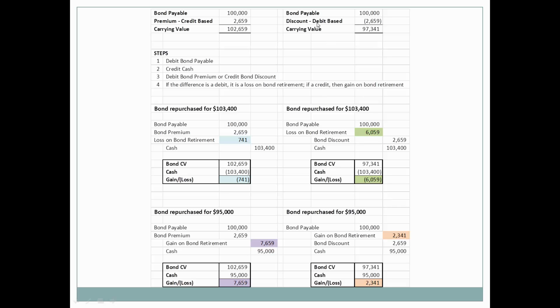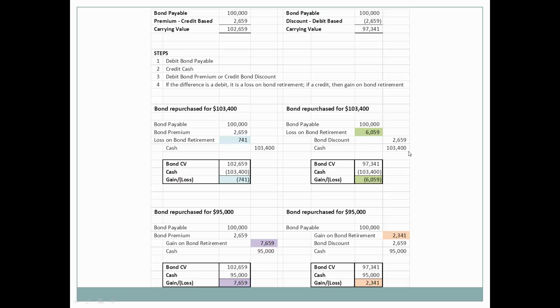Now let's look at it when we have a bond discount. So the bond is also going to be repurchased at $103,400. So we're going to debit bond payable. We are going to credit bond discount. Remember, it's debit-based, so credit this in order to write it off. We're going to credit cash for the amount that we're paying out.